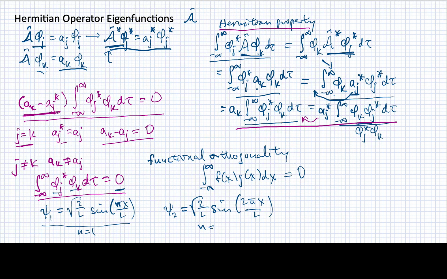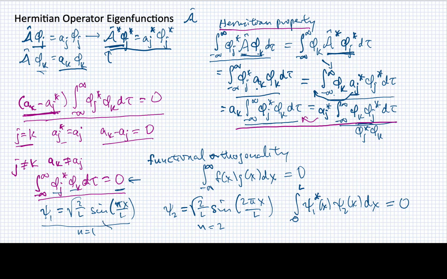And so you should use this kind of formula to calculate, and it actually will be for the particle in a box, the integral from 0 to L of the product psi 1 star psi 2 dx, and you should be able to show that this is equal to 0.